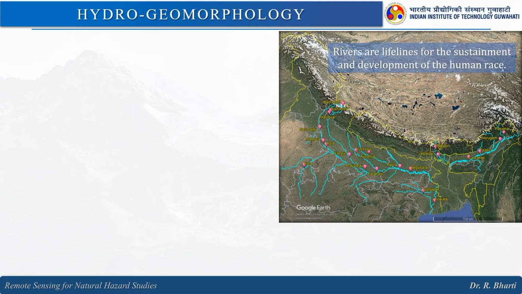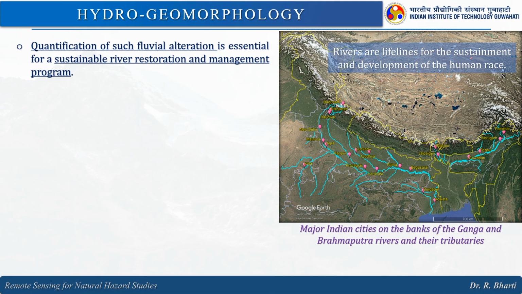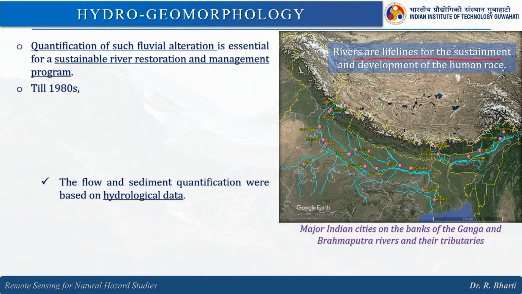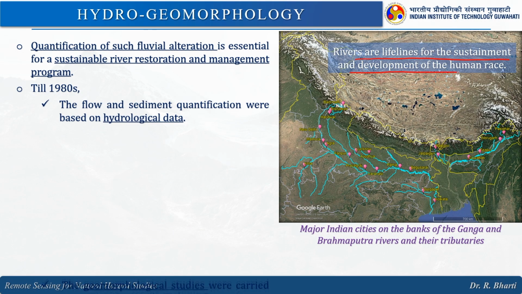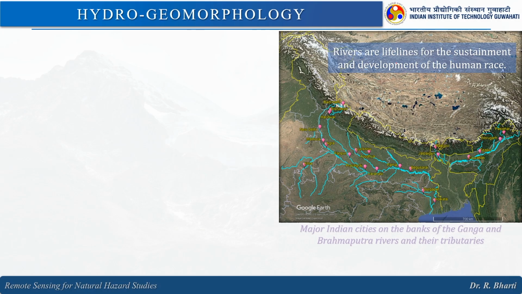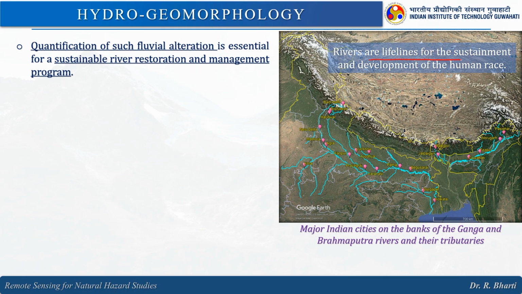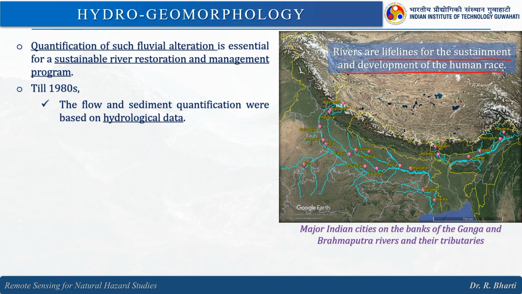So, here we can understand from our history that rivers are the lifeline for the sustainment and development of the human race, because we need water to sustain on this particular planet.